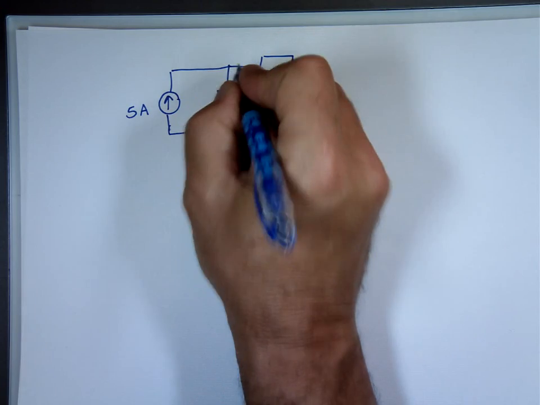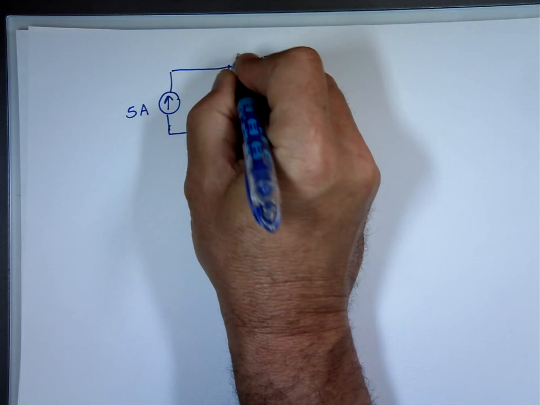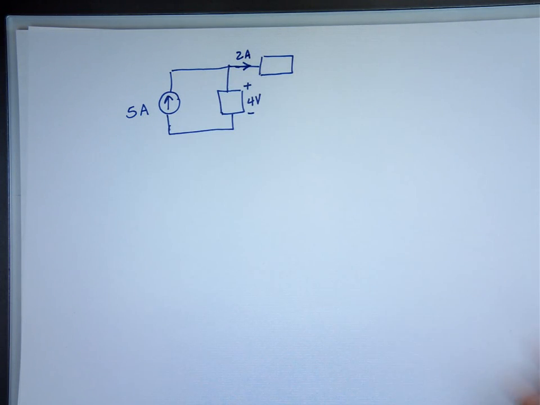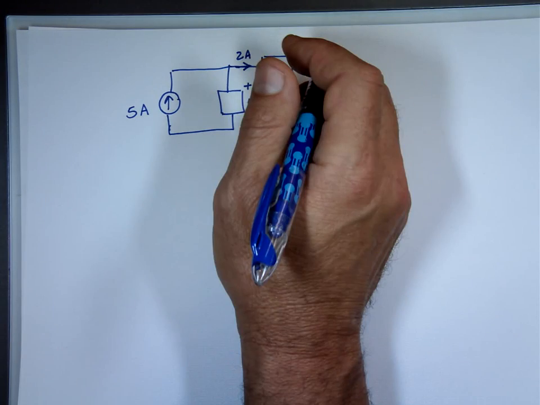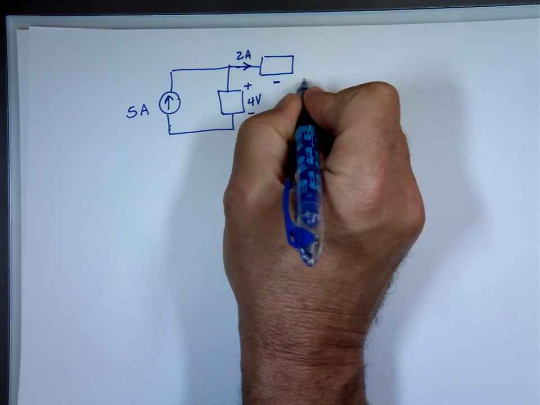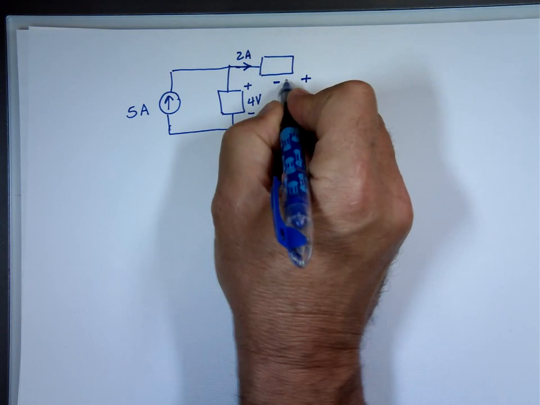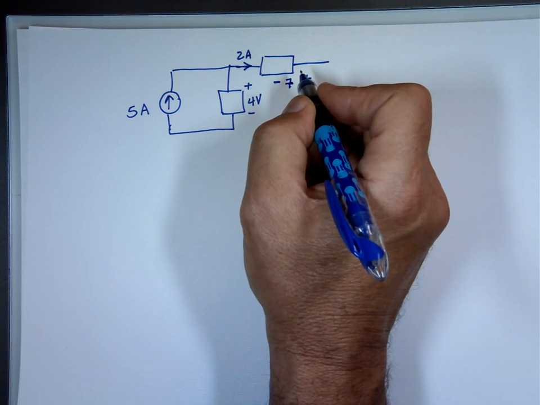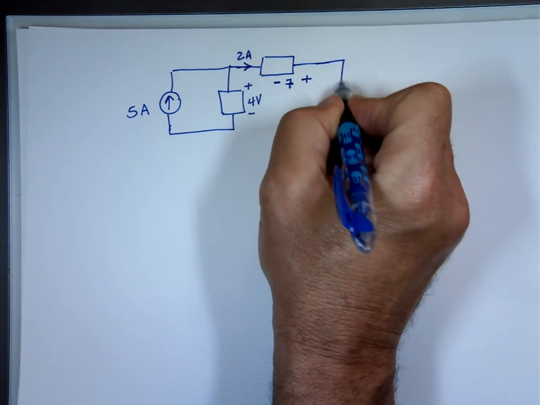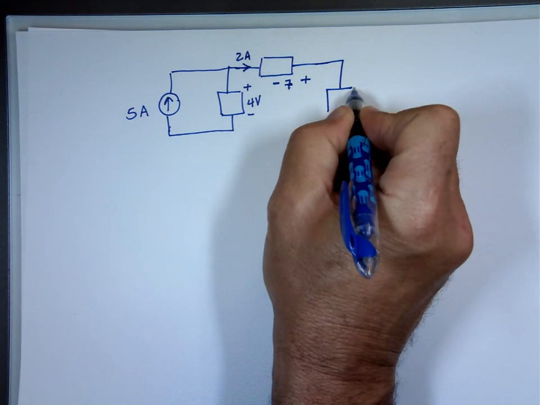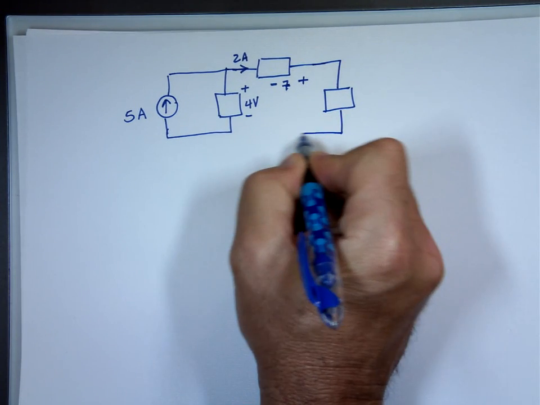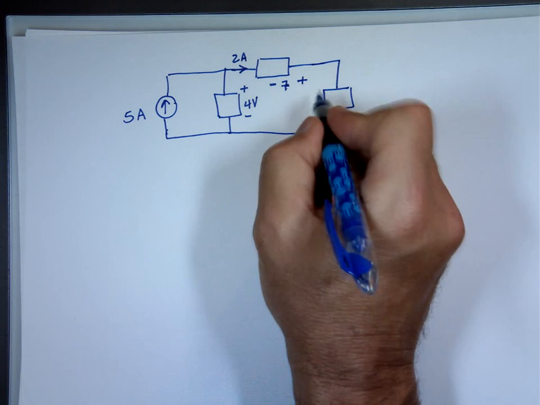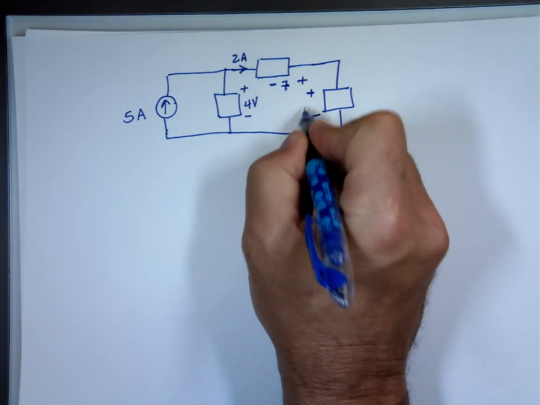Let me label this current here 2 amps. Minus to plus the voltage here, 7 volts. Let's put another element here. This is plus to minus 11 volts.